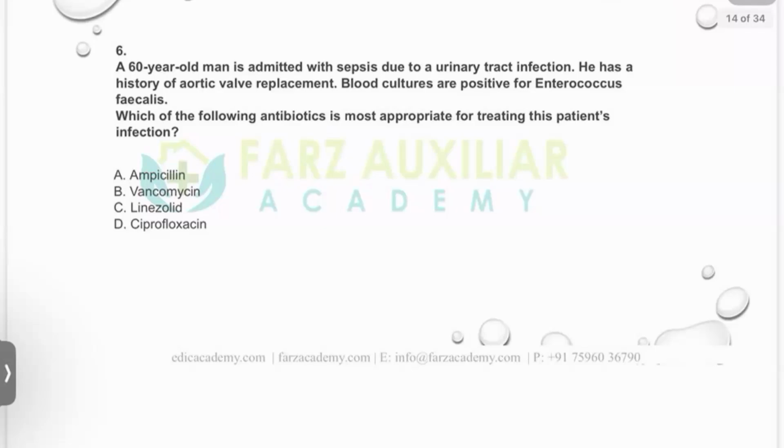there are a few things which are very important. One thing is, how does Enterococcus faecalis go and affect the aortic valve? Can anybody tell me why it is such an important organism? Why has it been mentioned so clearly here? Enterococcus faecalis is such an important organism that if somebody has valvular heart disease and is going for colonoscopy, they require antibiotic prophylaxis.